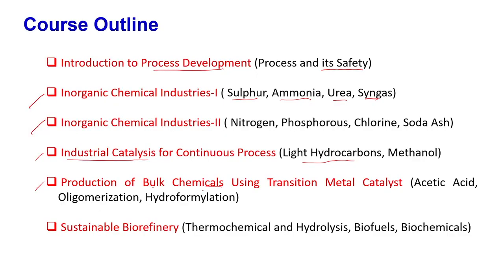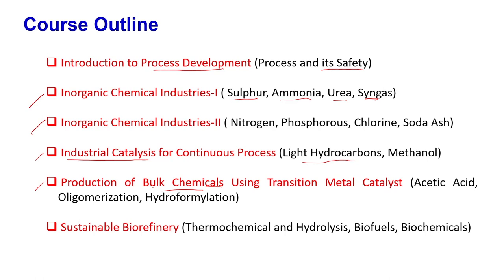These bulk chemicals using transition metals are produced primarily through homogeneous catalysis. Homogeneous catalysis means you have a single phase, while heterogeneous means multi-phase. In homogeneous catalysis, catalyst recovery is very difficult, while in heterogeneous it is easier.